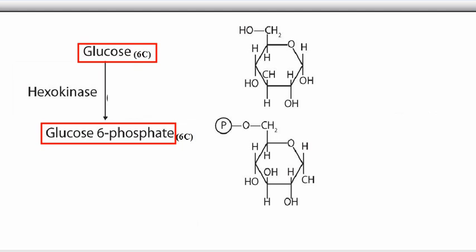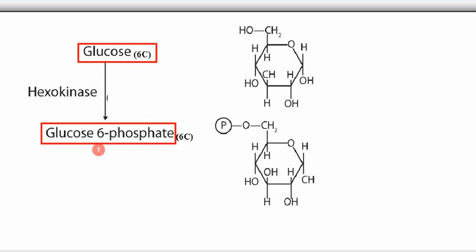Please note, in this entire process of glycolysis there will be many such terms: 6-phosphate, 1-phosphate, 3-phosphate, 1,3-biphosphate, 1,6-diphosphate, and so on. So please keep in mind, 6-phosphate doesn't mean that a total of 6 phosphates are there. No, the phosphate is only one.